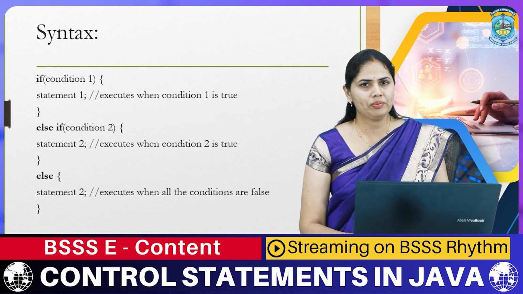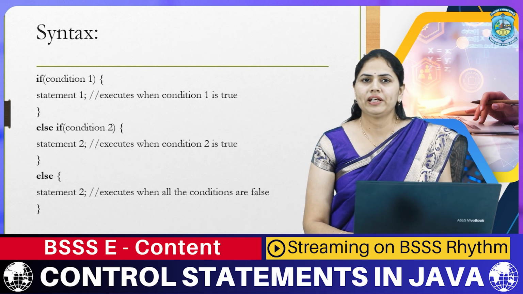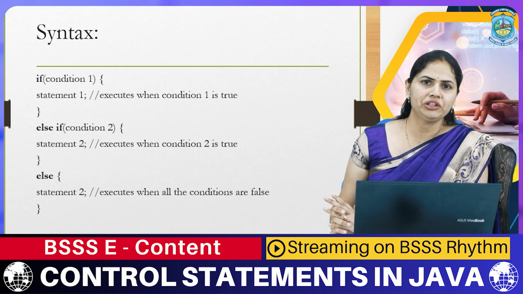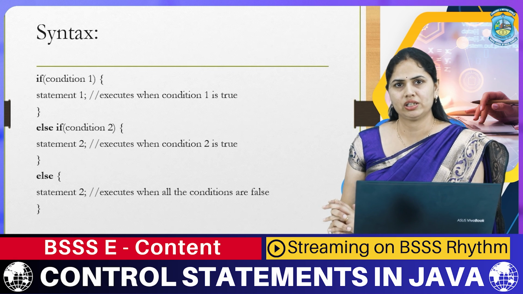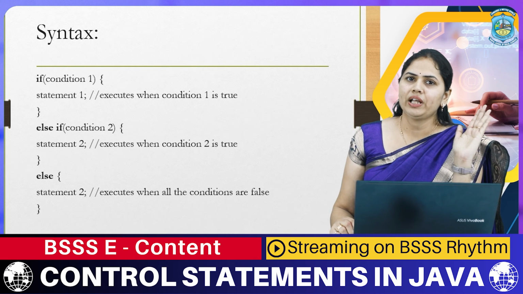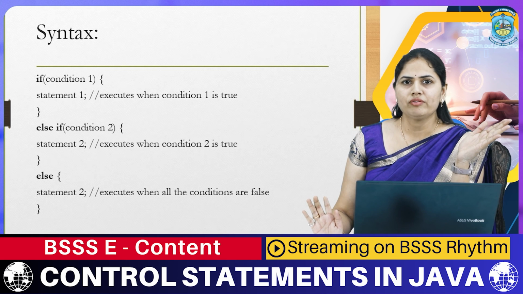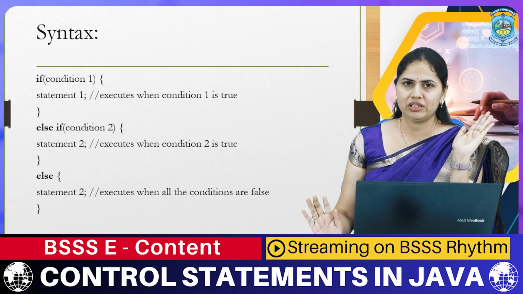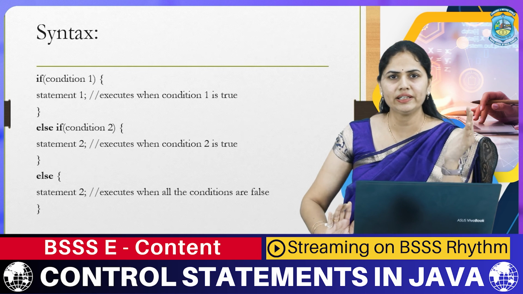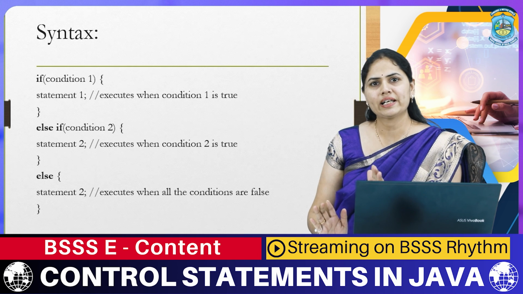We can have an example of this if else if ladder statement if we want to find out the grade of a student, and we simply need to specify multiple conditions, like if marks is greater than 30 and less than 40, it will be passed with third division. In the same way, the second condition is if the marks is greater than 40 and less than 50, then we will say that it is second division.